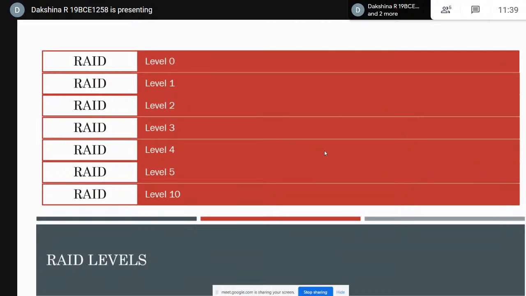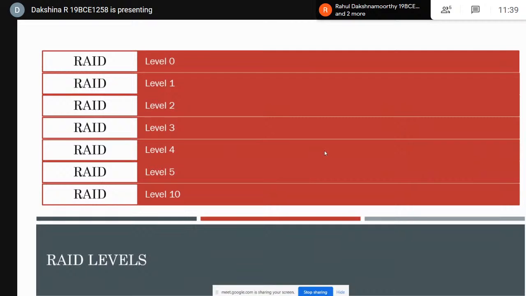And RAID 1 provides fault tolerance and overall improves the read performance. RAID 2 spreads both data and parity information across multiple physical disks. And like RAID 2, RAID 3 implements data striping, but unlike RAID 2, RAID 3 maintains all parity information on one disk for better performance.